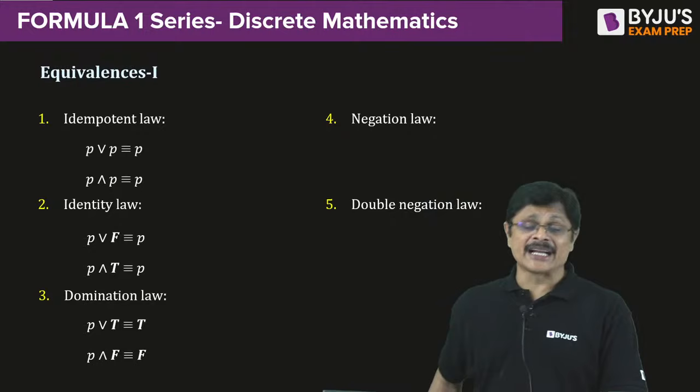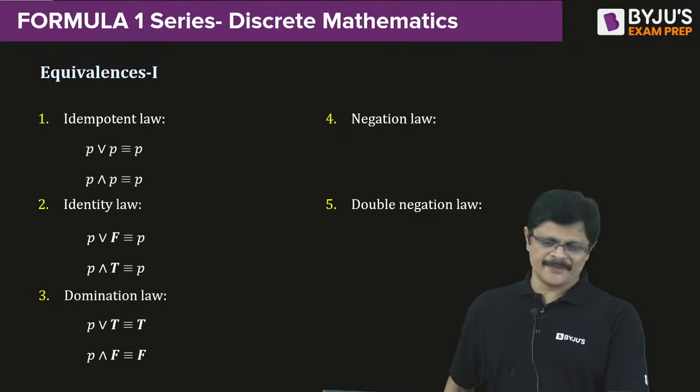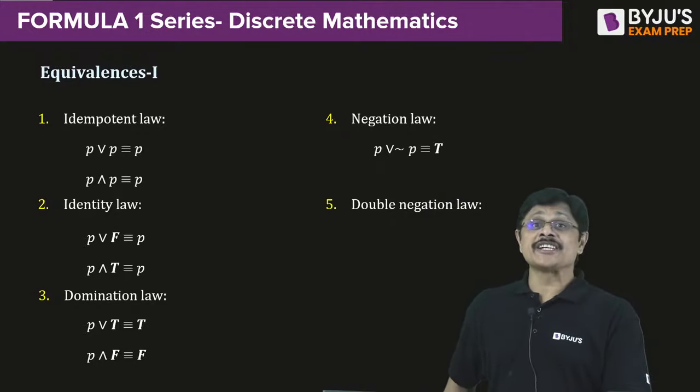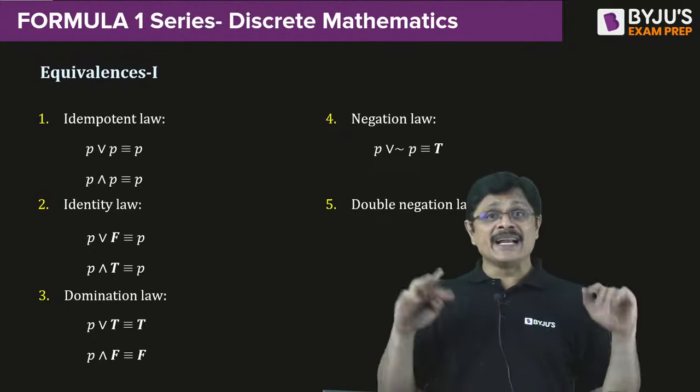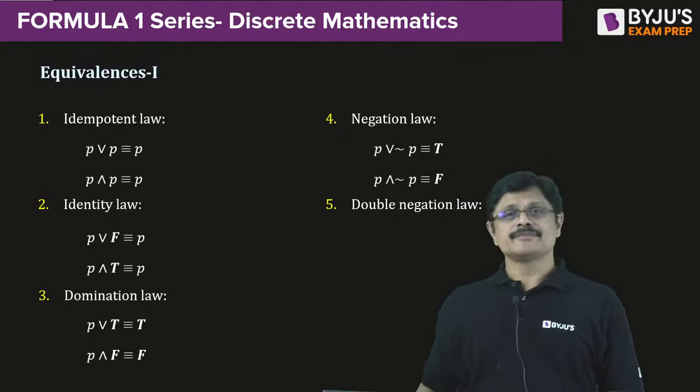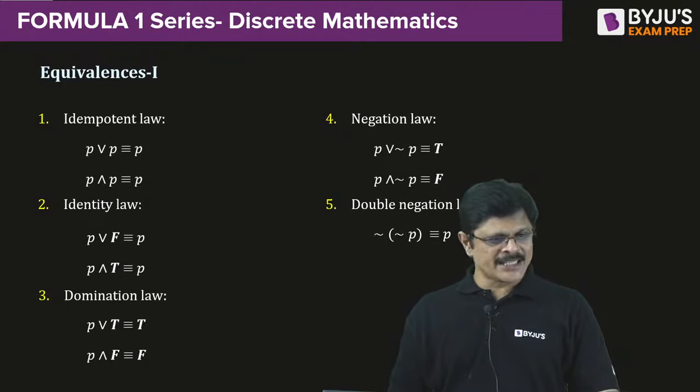With respect to the and connective, contradiction dominates. Negation: P or negation P is the entire universe. P and negation P has nothing in common. And double negation: negation of negation P is P.